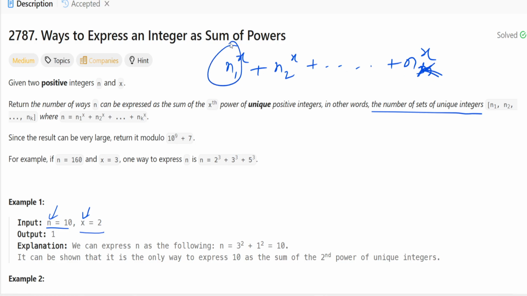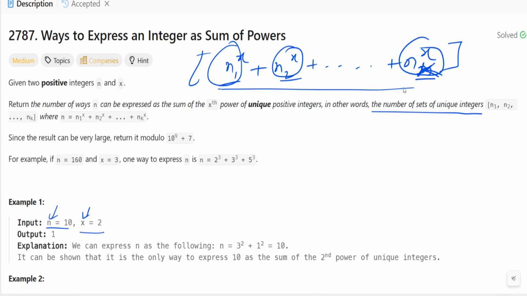These values are unique positive integers, and you can say it's a set of numbers. So how many ways can we choose this set so that if you do the sum, it will become equal to n?